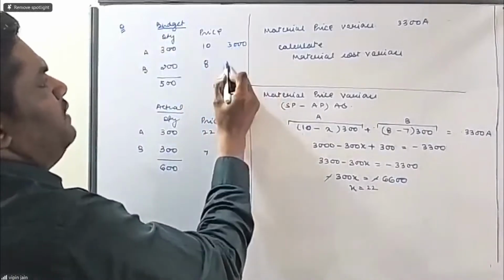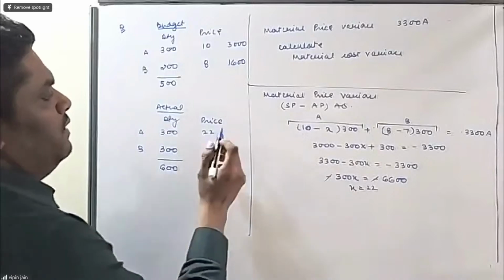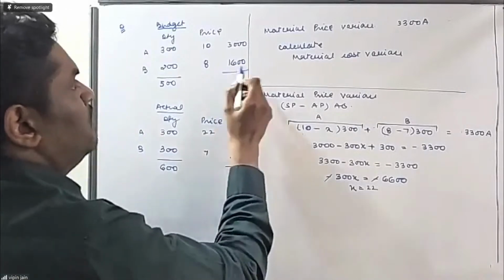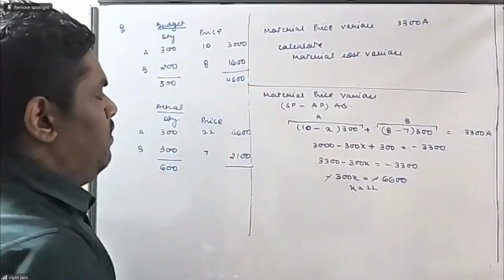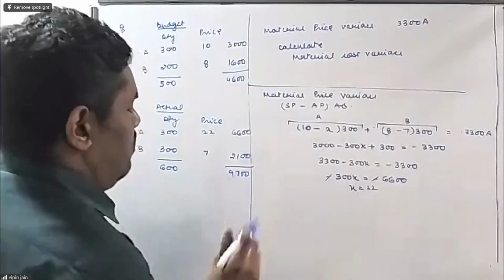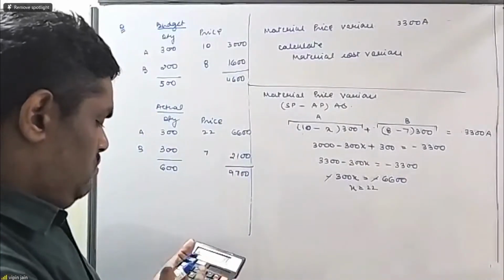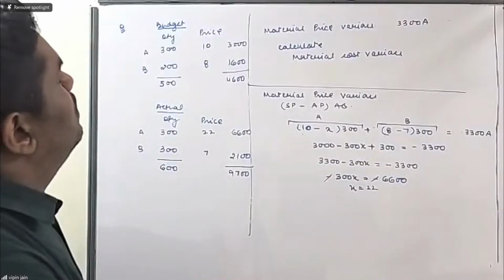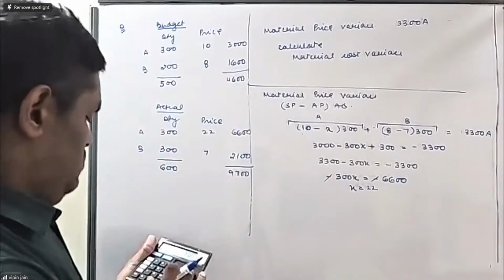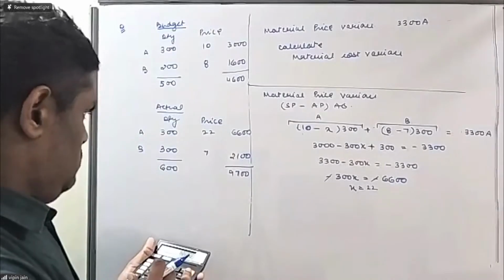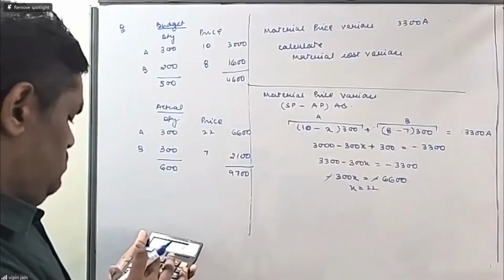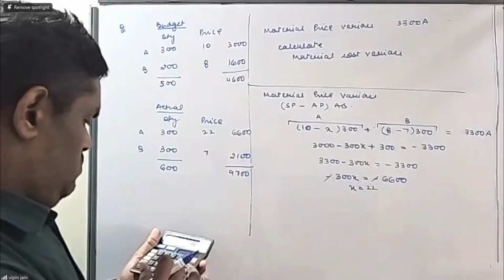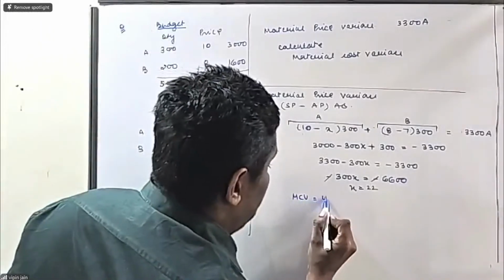So this will be 3000, this will be 1600, 6600, and 2100. So cost variance will be 4100 adverse.